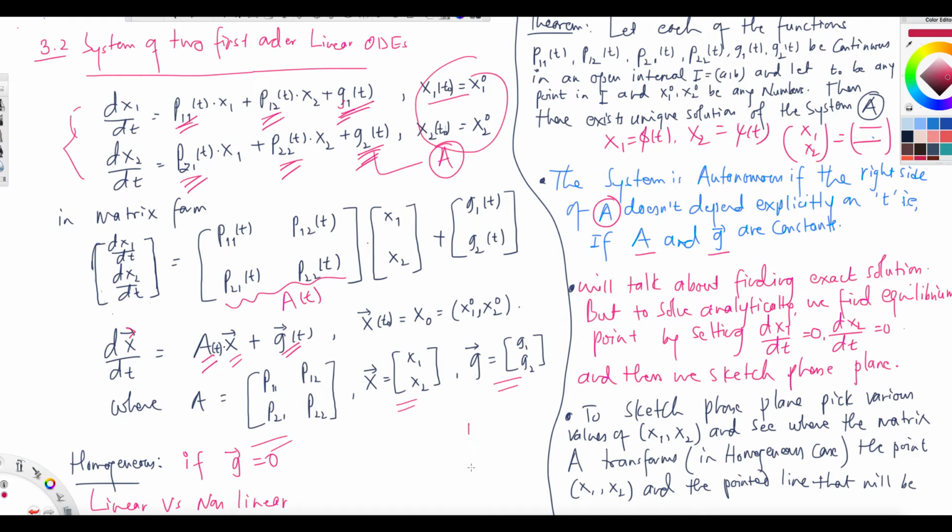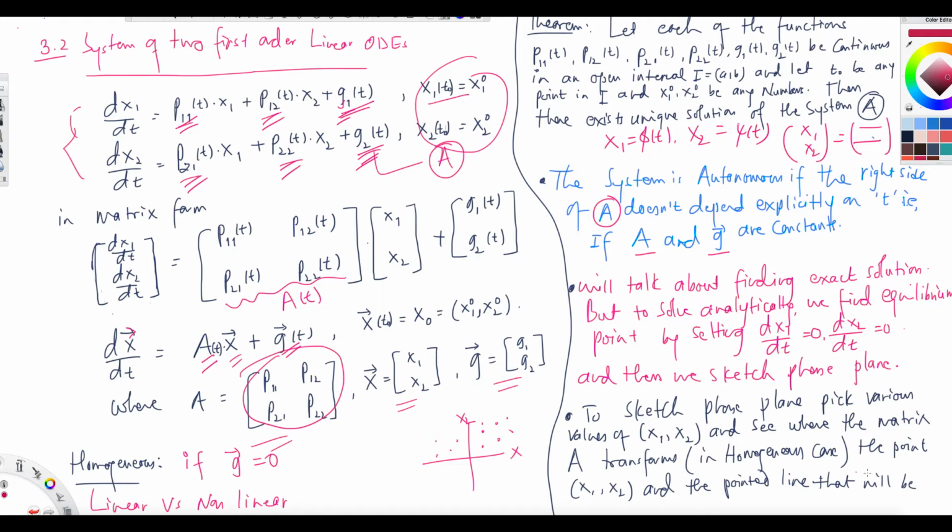We draw x1 versus x2, pick various points, and find out where the matrix A transfers that point (x1, x2), at least in the homogeneous case. Homogeneous means there is no right hand side function.